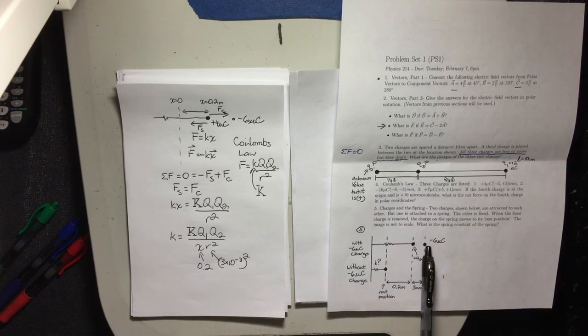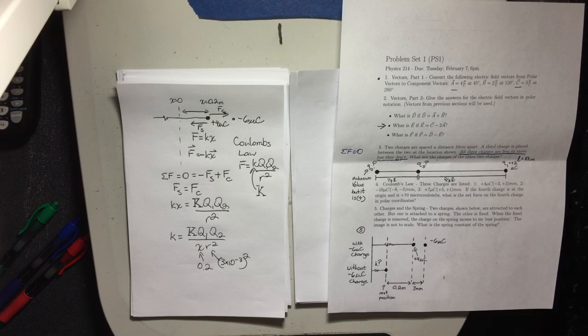Because when the charges were close to each other, when the -6 microcoulomb charge was there, the charge pulled the spring and eventually it got to a point where it was at rest.